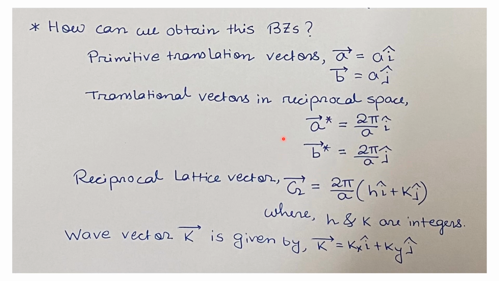So by knowing these a star and b star vectors in the k space, we can construct the reciprocal lattice vector, that is g vector equals to 2 pi by a times h i cap plus k j cap, where h and k are integers. And the wave vector in the k space, that is k vector, is basically kx i cap plus ky j cap.